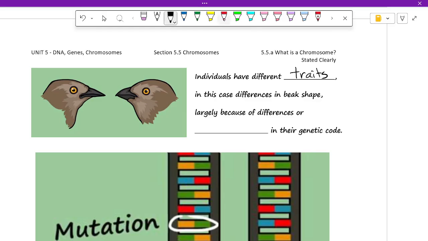What is another word for traits? Characteristics. Traits are characteristics. In this case, differences in beak shape, largely because of differences in their genetic code. What do we call those differences? Mutations.